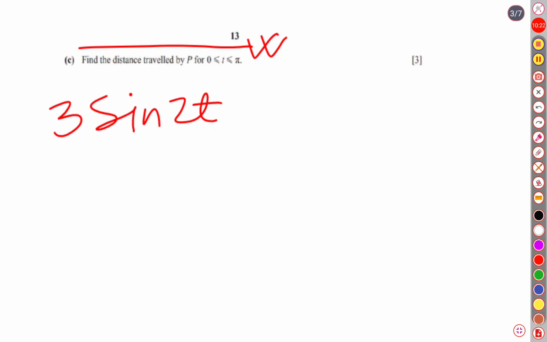We will have to actually sketch the graph for better understanding. Otherwise, if you randomly start finding the distance using integration, you may make a mistake, and the result may not be accurate. So let's see how the graph looks.